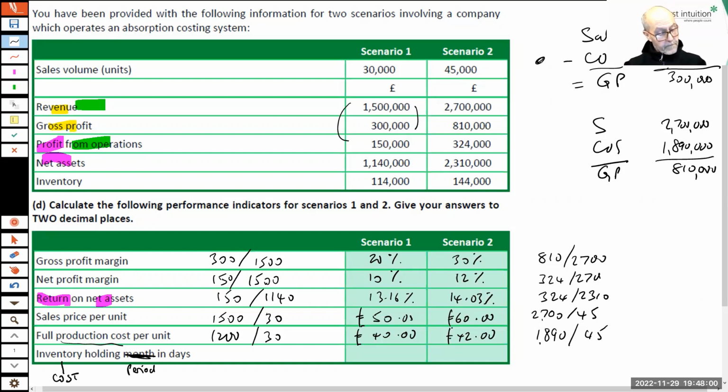So if we are told that our inventory is 114, we've already established that our cost of sales is 1200, so 114 over 1200. I would call that 35 days, but are we given rounding instructions? We're not actually. Oh, yes, we are: 2 decimal places.